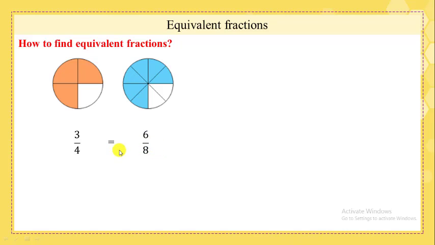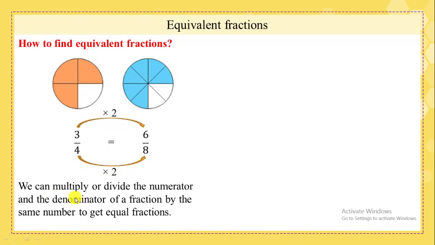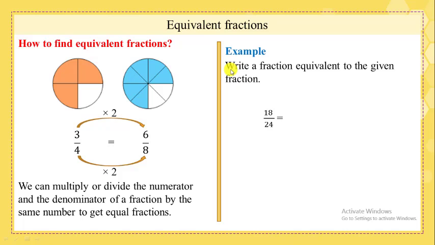These two fractions are equivalent fractions. We notice that 3 multiplied by 2 gives 6, and 4 multiplied by 2 gives 8. Therefore, we can multiply or divide the numerator and the denominator of a fraction by the same number to get equal fractions.